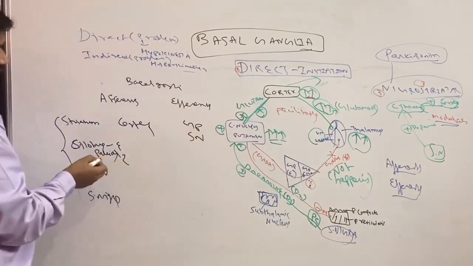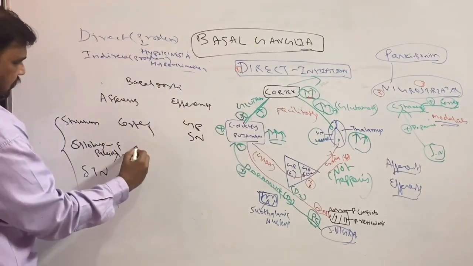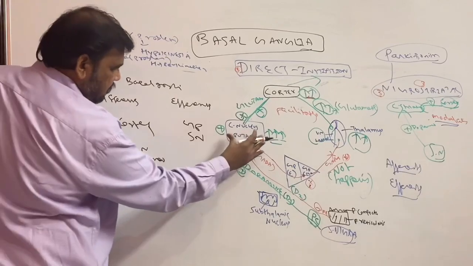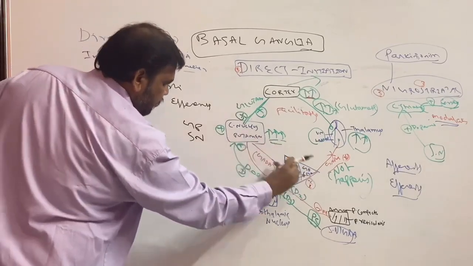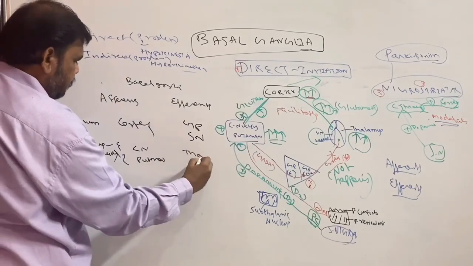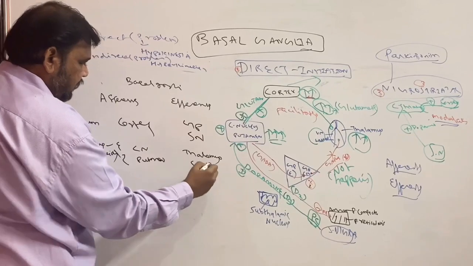For globus pallidus, the afferents are caudate nucleus and putamen. Concentrate on this. The efferents go to thalamus and also to subthalamic nucleus in the indirect pathway.